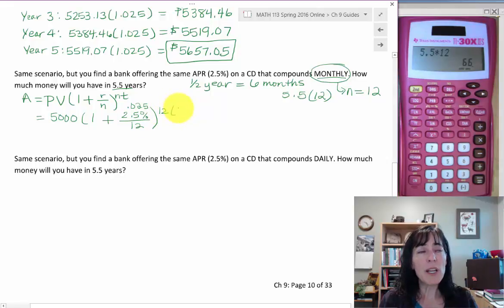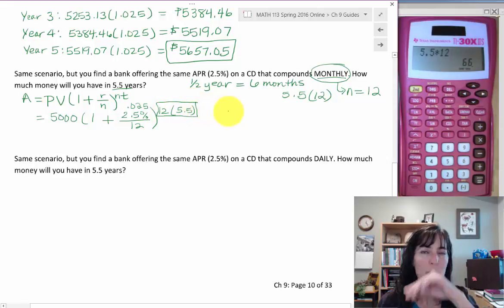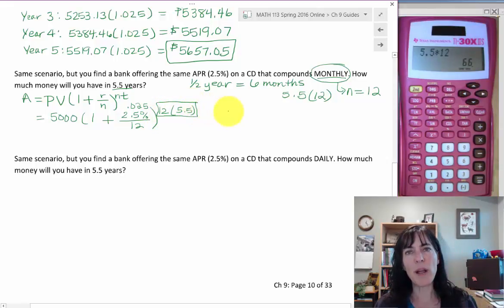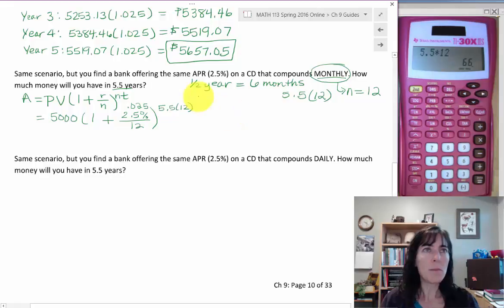So t is time in years, and so it's 5.5. This exponent needs to come out to a whole number. And the other thing about it is it's an exponent or a power. You can't just multiply by it. It has to be a to the power.